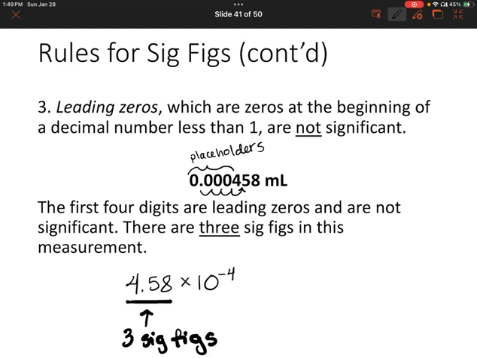But the 4, the 5, and the 8 are all non-zero digits, so they are significant, which means we have 3 sig figs. So what I'm trying to say here is that, 1, leading zeros are not significant. But additionally, scientific notation is one way to express a value and its significant figures. So scientific notation only shows the significant digits.